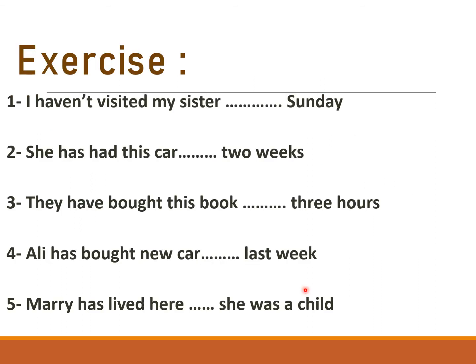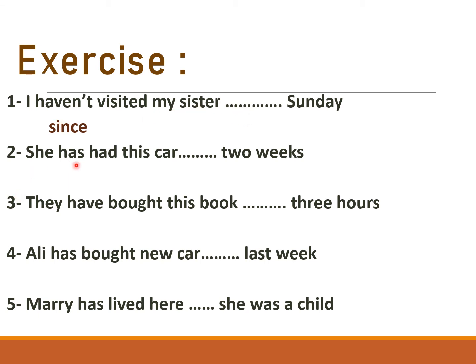Now let's practice the present perfect with since and for. Complete these sentences with since and for. Number 1. I haven't visited my sister since Sunday. Excellent. Since Sunday. We know when the action happens or doesn't happen.